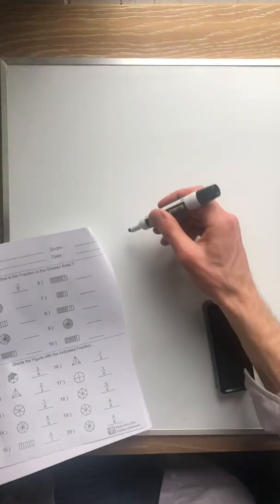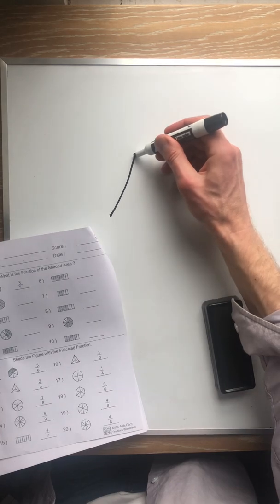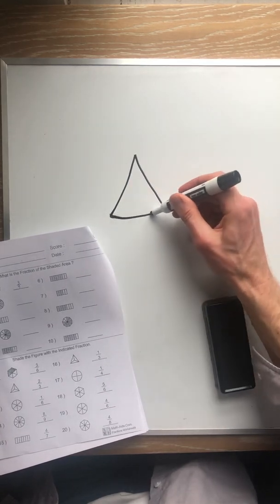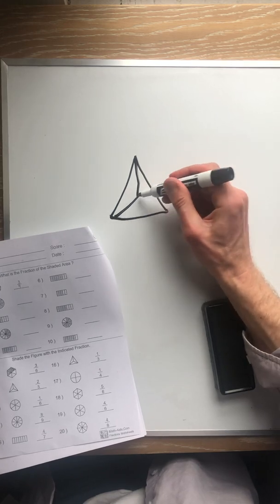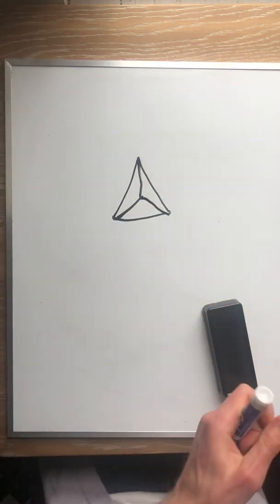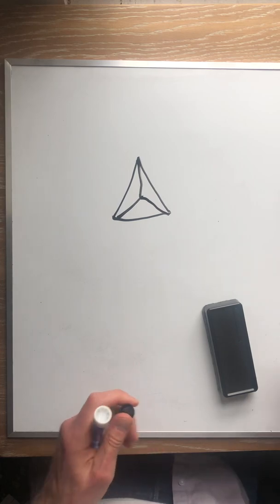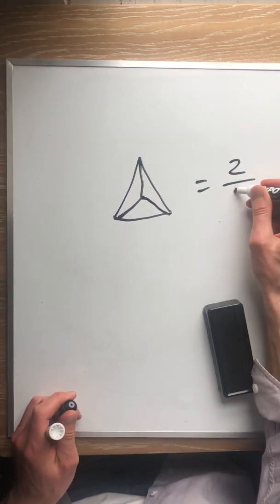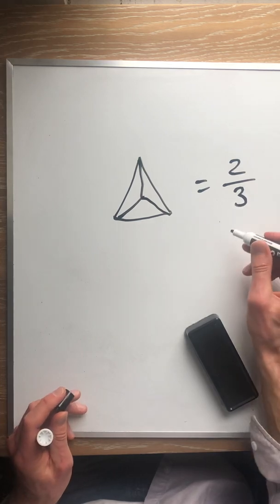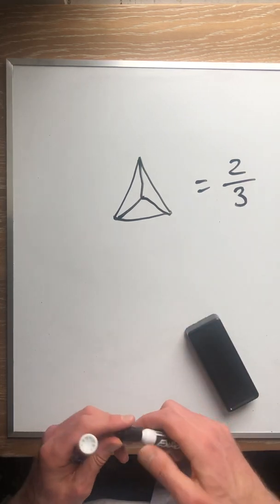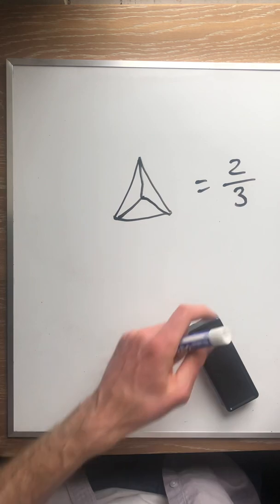If it's a triangle, this is kind of a cool thing to learn, just to see how to draw a triangle into thirds. And I'll just do my best. It looks kind of like that. So they say it equals 2/3. Well, the thirds make sense because 1, 2, 3, it's been cut into 3. How many are there total? 3.